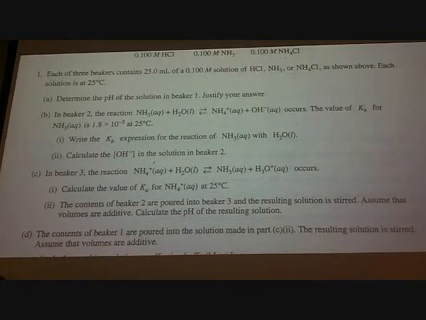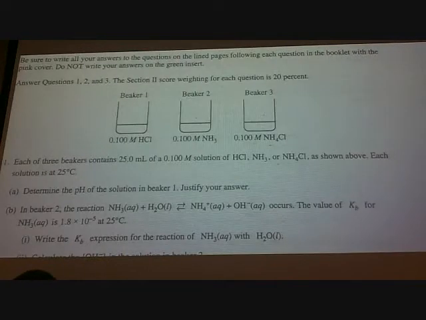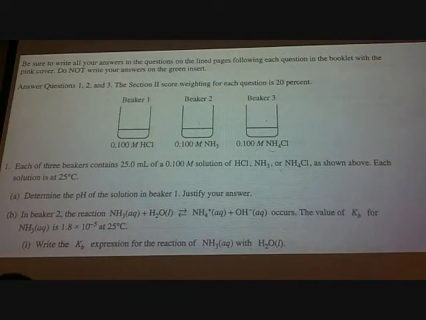I'm drawing a blank here. Ask the question again. Since it's 0.1 molarity for 25 milliliters, but the volume's additive is 50 milliliters, doesn't the molarity change as well? Did they give us volumes here? Yep. Each of the 3 beakers. Oh, there it is. Yeah, okay. There we go.